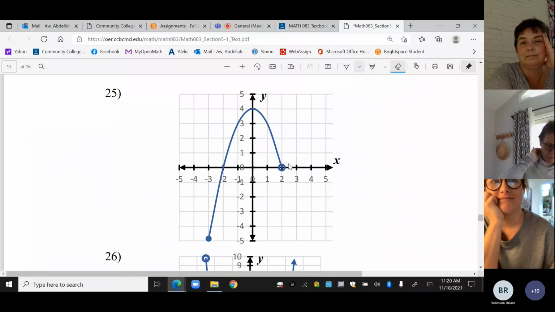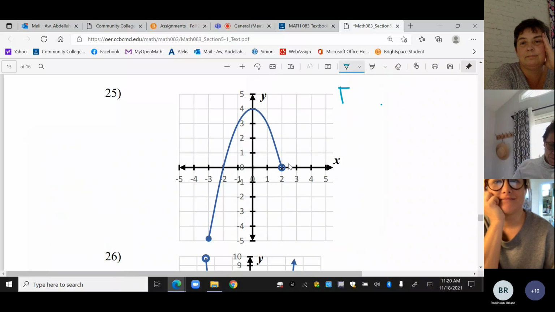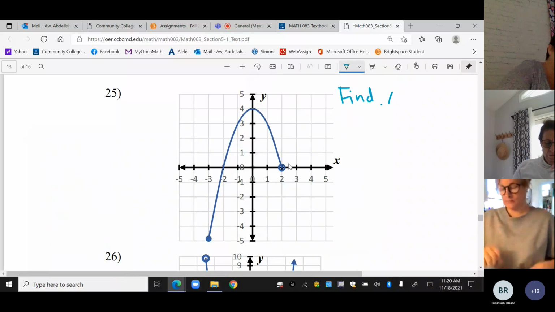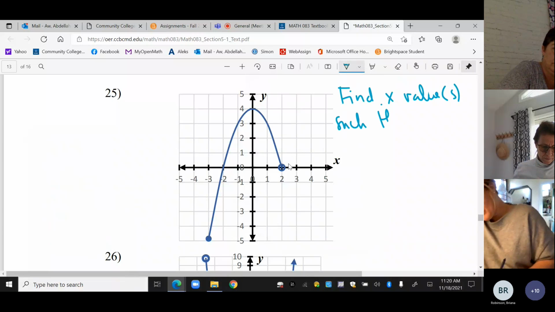So if I say, find x values such that f of x is equal to 2. You see?